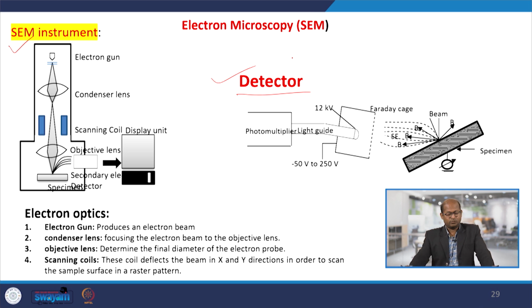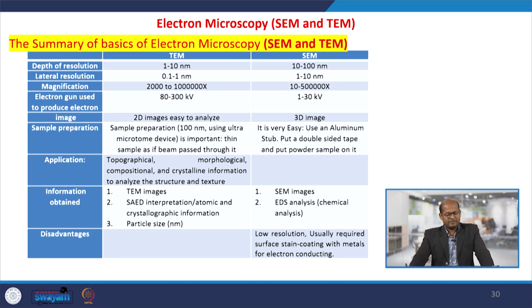How does it work actually? This is the basic summary of the two microscopes, what kind of information we can get from TEM and what kind of information we can get from SEM. In depth resolution, TEM is better: 1 to 10 nanometers, here 10 to 100 nanometers. Lateral resolution is 0.1 to 1 nanometers here, 1 to 10 nanometers here.